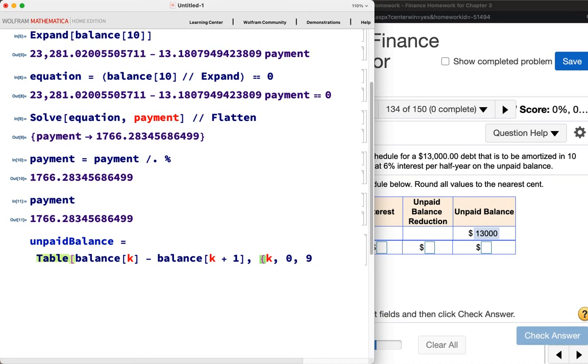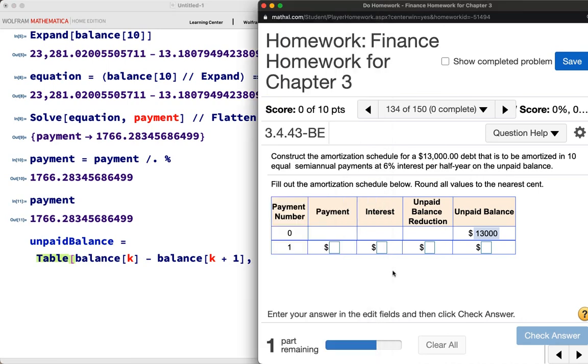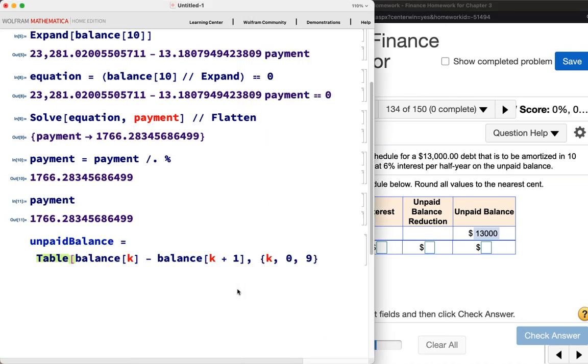Sorry, 0 to 9. And the reason I'm going from 0 to 9, guys, is because I start out with payment number 0, but then there are 10 payment periods after that. So 9 plus 1 is 10. Okay, you get the idea.